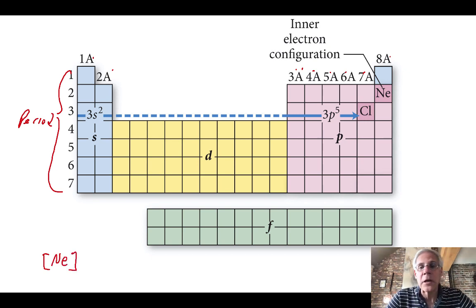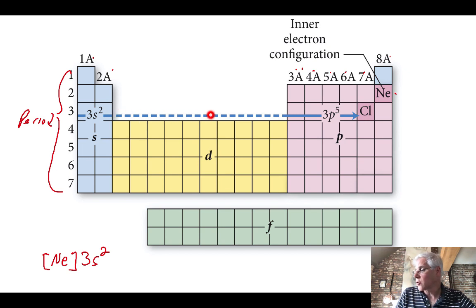So there's our neon, and in order to get from neon to chlorine, we have to come down here, and we have to pass through this one here, so we're in period 3, and in blue here, this is our S block. We have to go through both of these to get to the chlorine, so I have to fill in both of these electrons here. That's going to give me a 3s2.